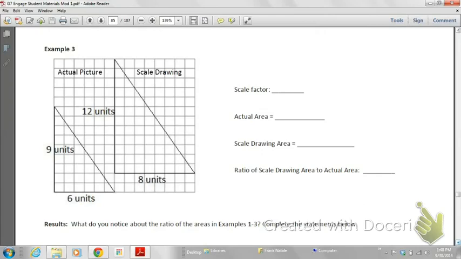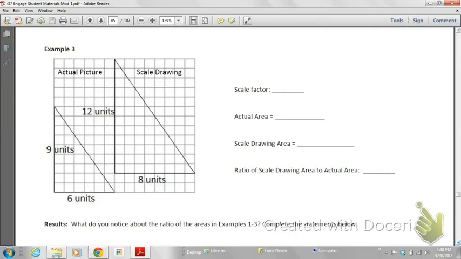Okay, example 3 looks a little bit different to you, of course, because example 3 presents us with 2 triangles to compare, okay? And hopefully many of you understand or remember the equation for the area of a triangle.